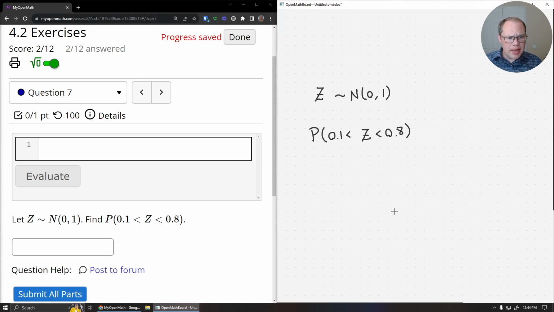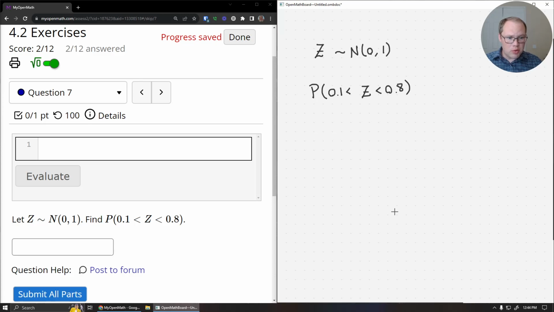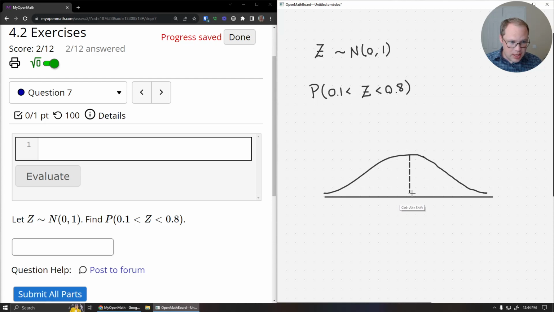Okay? So again, good idea. Start off by sketching out what we're looking for here. So rough bell curve. We're dealing with a standard normal distribution, so the mean is 0. And I'm interested in the probability that a randomly chosen z value will be between 0.1 and 0.8.